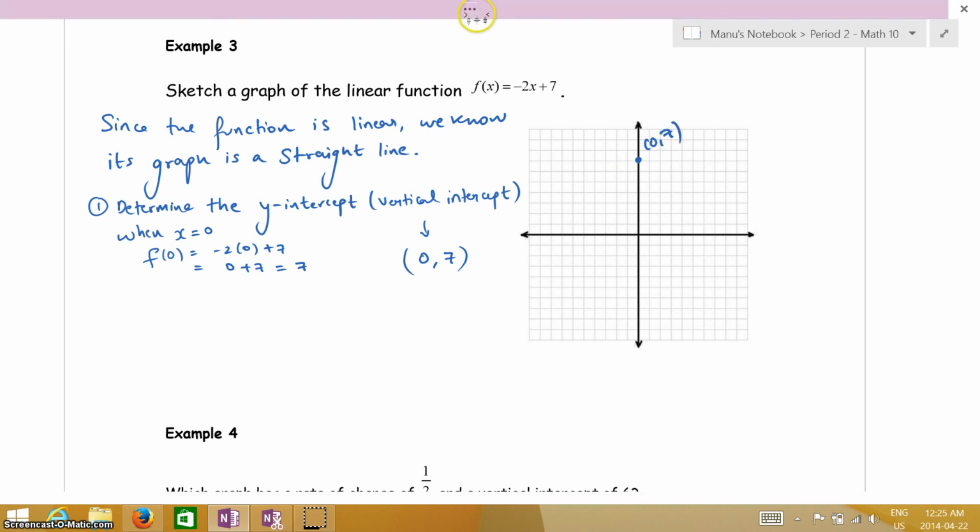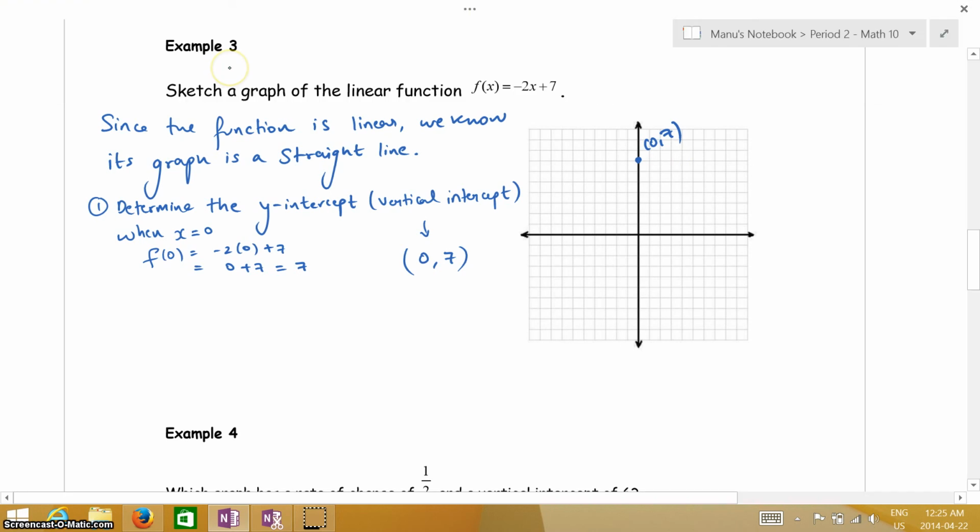Similarly, the second thing I need to do is determine the horizontal intercept, or the x-intercept. Just another name for horizontal intercept.